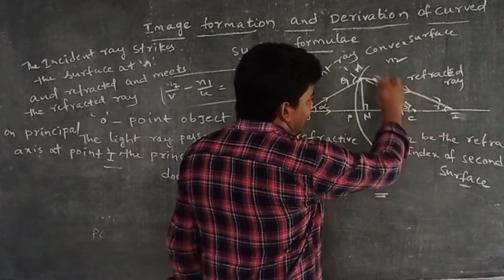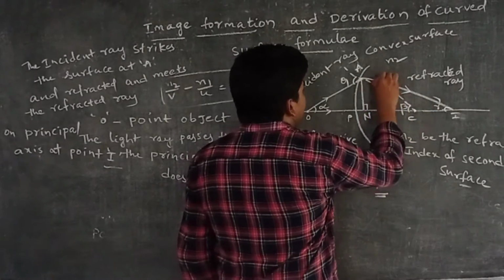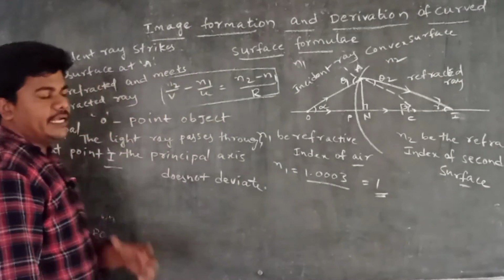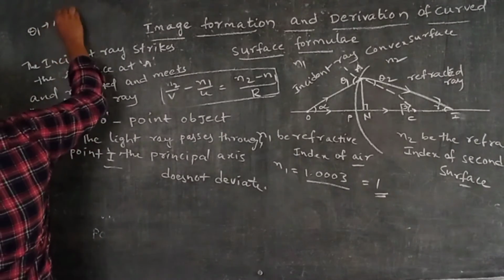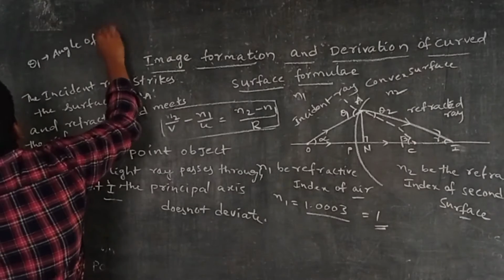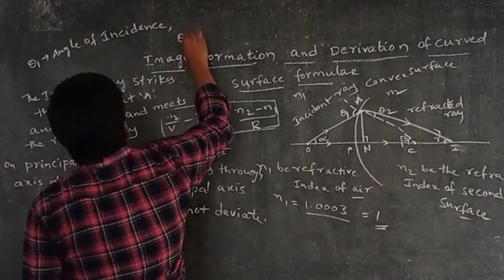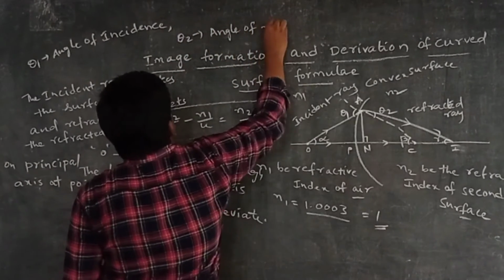And the refracted light ray which makes an angle with the normal gives theta 2. Theta 1 is the angle of incidence and theta 2 is the angle of refraction.